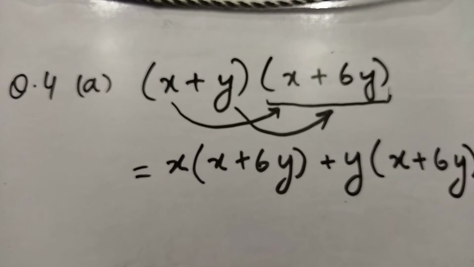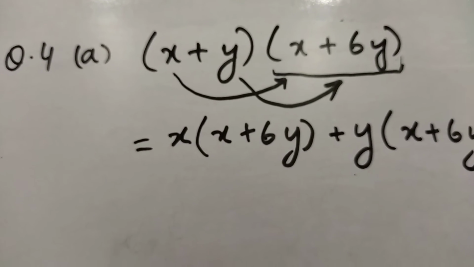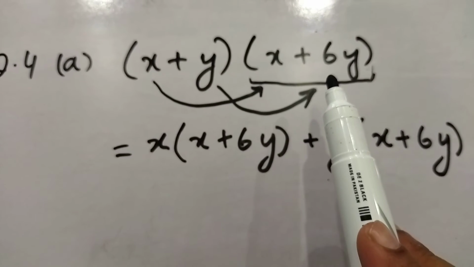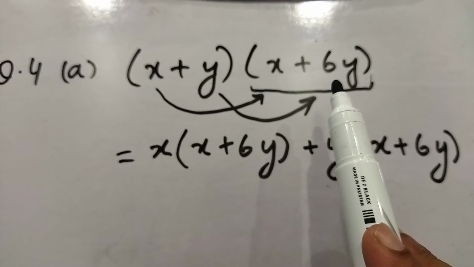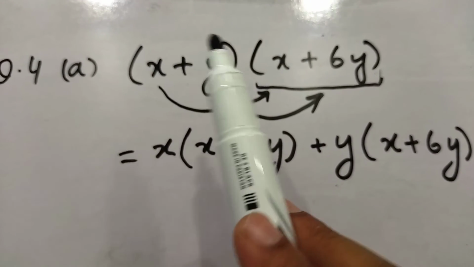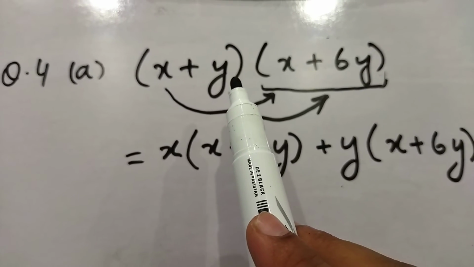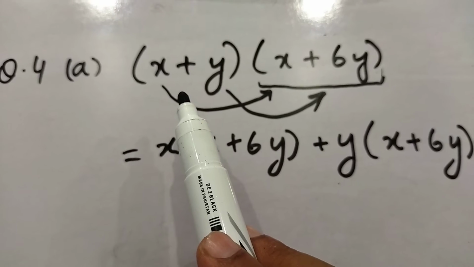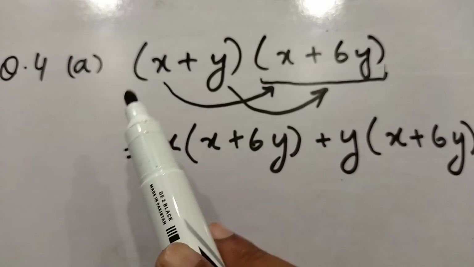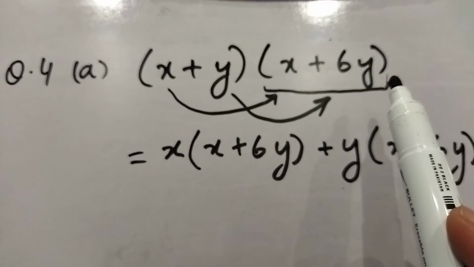This is how we have to expand these two brackets in the first step. Basically, we have to multiply the expression in the second bracket by each of the terms in the first bracket. This is called the distributive law, right? This is what we have learned through distributive law. We have to distribute these terms of the first bracket individually with the second bracket completely.